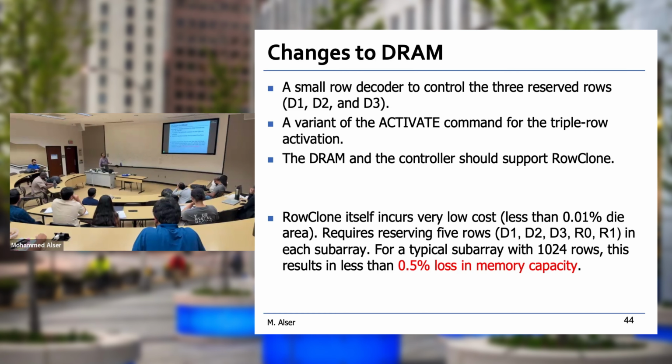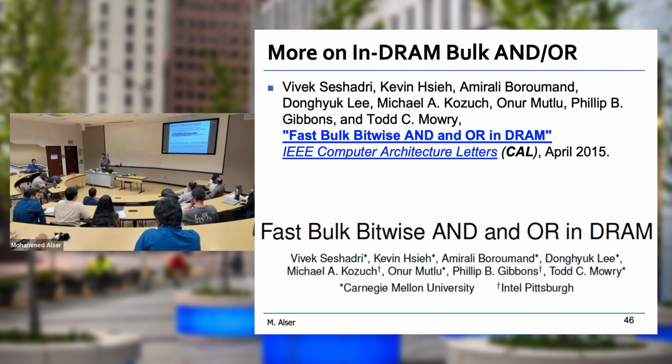The total number of rows that we reserve in the subarray, compared to the total number of rows in the subarray, is about 0.5%, which will just be reserved for Ambit. Assuming we have about 1,024 rows in one subarray, in one matrix, only reserving 5 of them is not really a problem. It's less than 1% overhead.